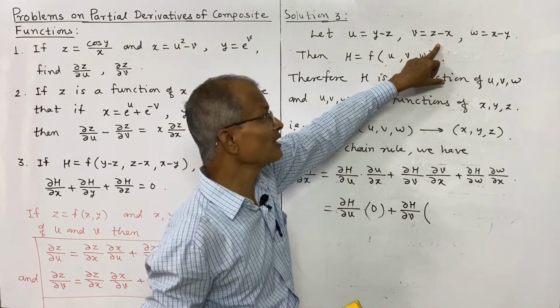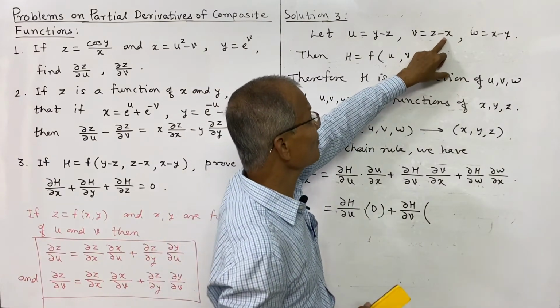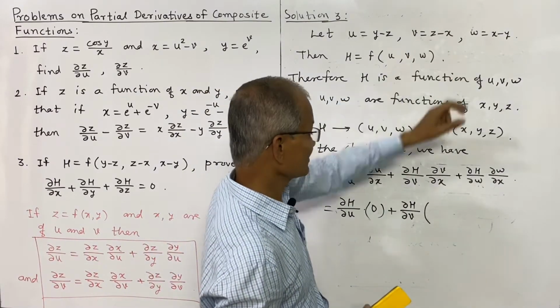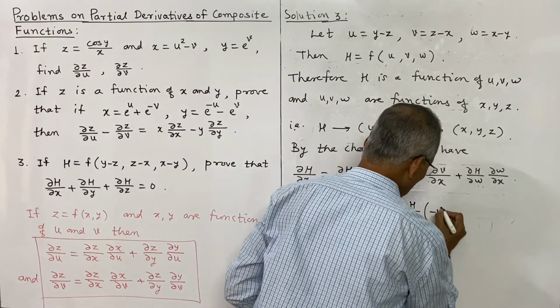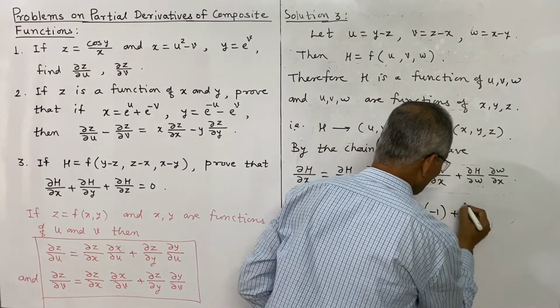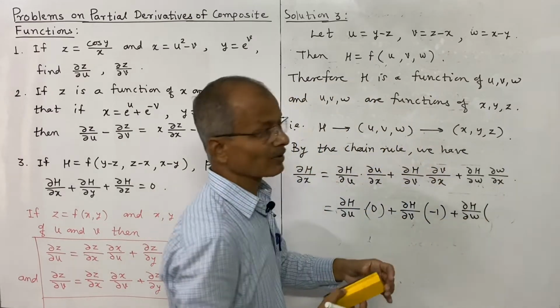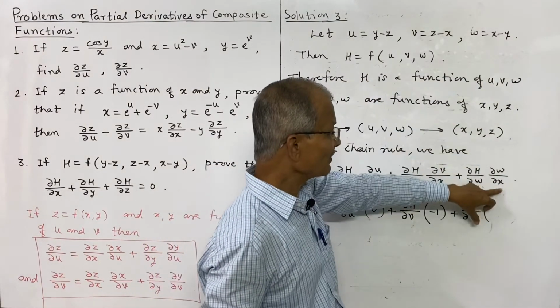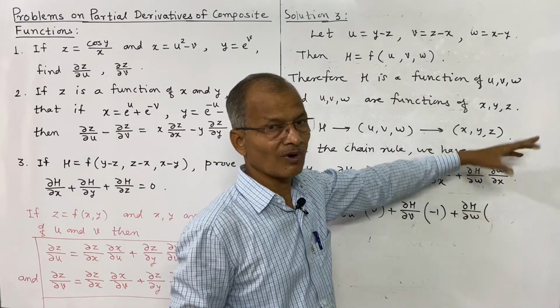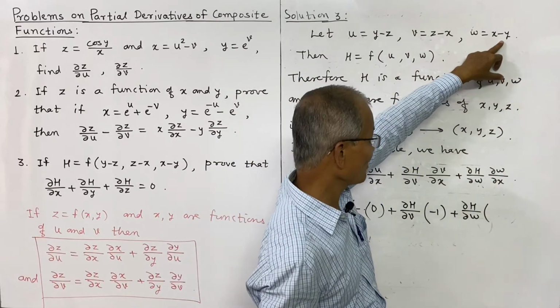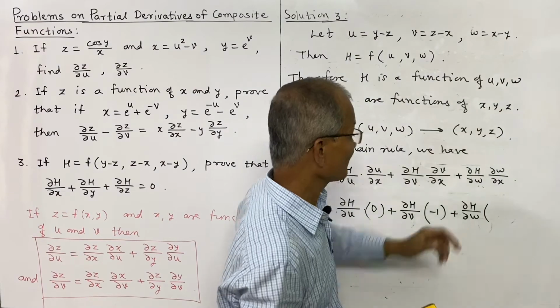See, z is to be treated as constant, and partial derivative of negative x with respect to x is negative 1, plus dou h by dou w, and partial derivative of w with respect to x. You see, when we differentiate partially with respect to x, y and z are to be treated as constant. So y is constant and derivative of x is 1.